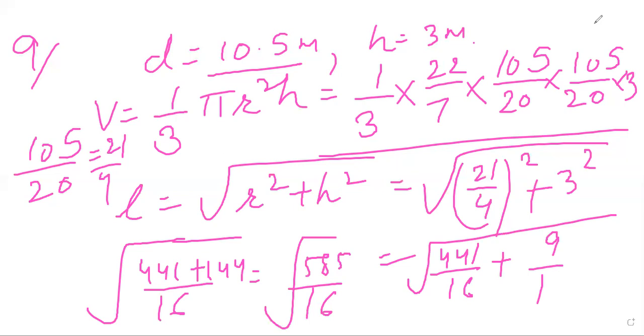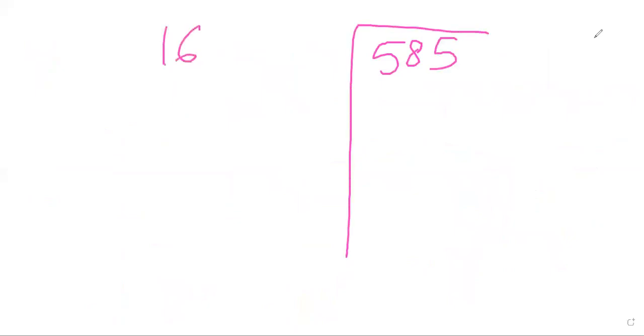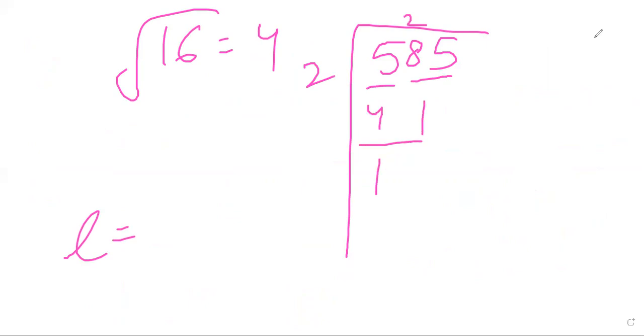The square root of 16 is 4, and we'll find the square root of 585 using the square root method. Then after solving it, we will get 6.05. We'll find the square root of 585, and the square root of 16 we know is 4. After finding it and dividing, you will get the slant height. You can use the square root division method like this. Then it will go on. Four.